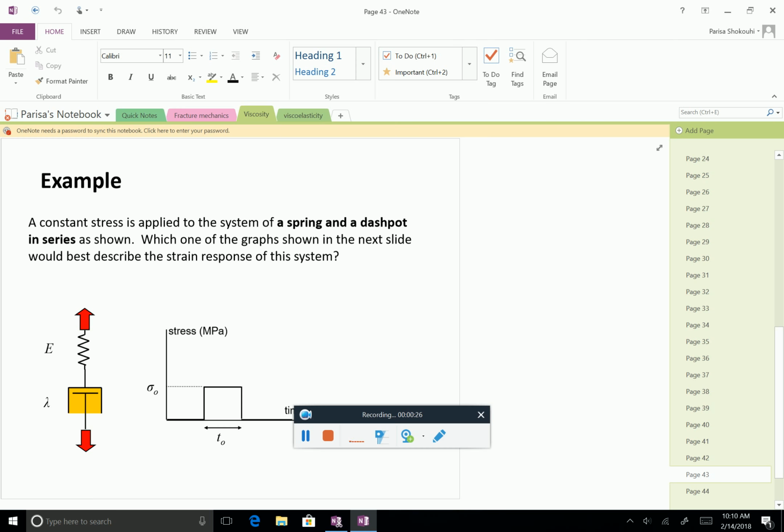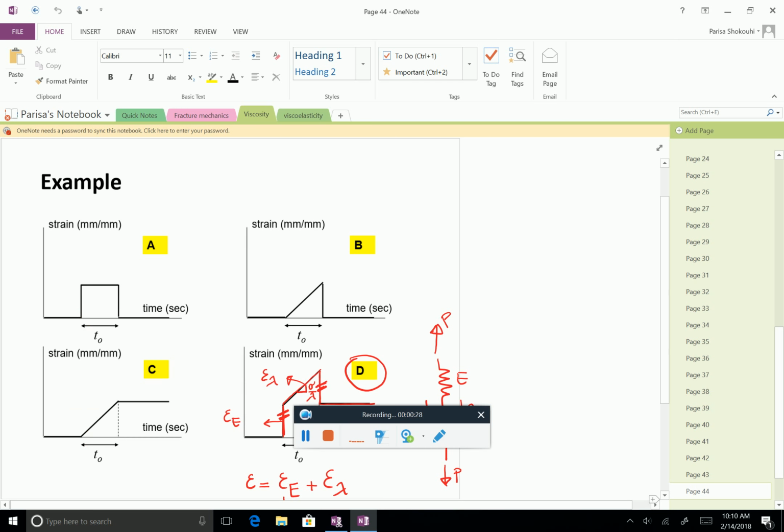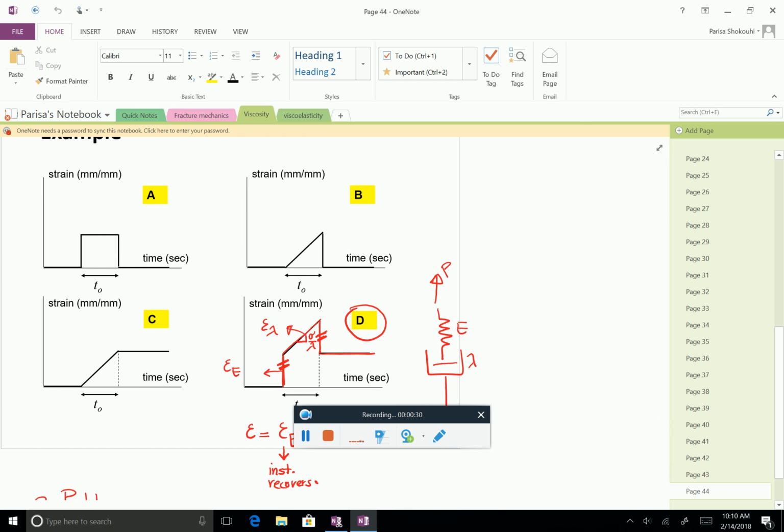And if you remember, we looked at different possible strain versus time, and the solution was here because you have a spring which causes instantaneous deformation. Then you have time-dependent deformation because of the dashpot.